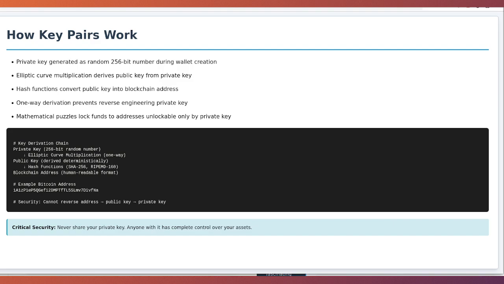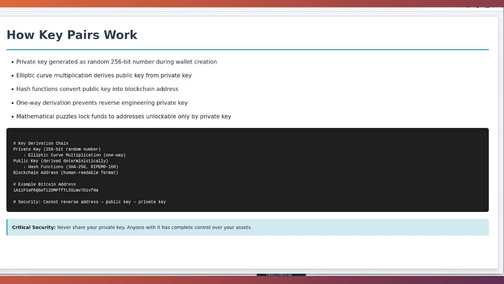From this private key, a corresponding public key is mathematically derived using elliptic curve multiplication, which is a one-way mathematical function. From the public key, your blockchain address is then created by applying hash functions. This creates a chain of derivation. Private key generates public key, which generates an address.